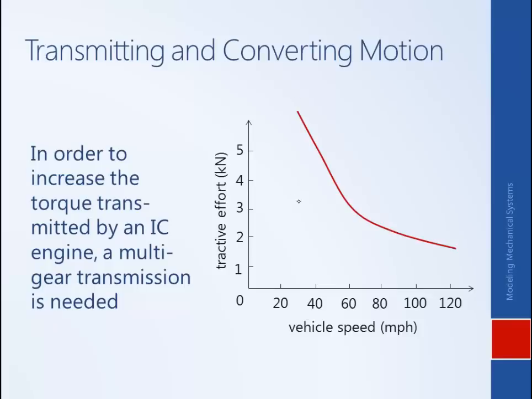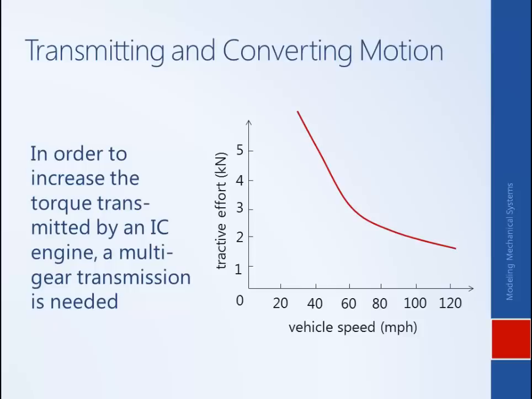At low speeds, we want a lot of torque in order to accelerate the vehicle, or to do hill climbing and things like that. But at higher speeds, we don't need as much torque. When we're traveling on the highway, we want to be able to maintain a high speed, but we don't necessarily need to be able to accelerate very rapidly.